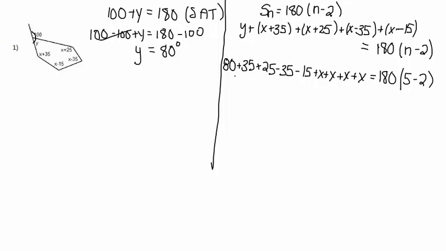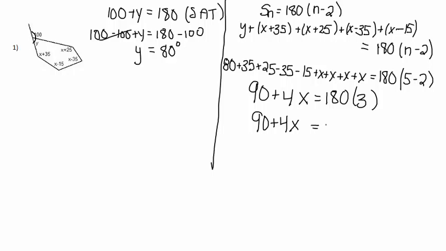And now we can add up all our values over here, and you'll see that we get 90 plus 4x equals 180 times 3. And we get 90 plus 4x equals 540.